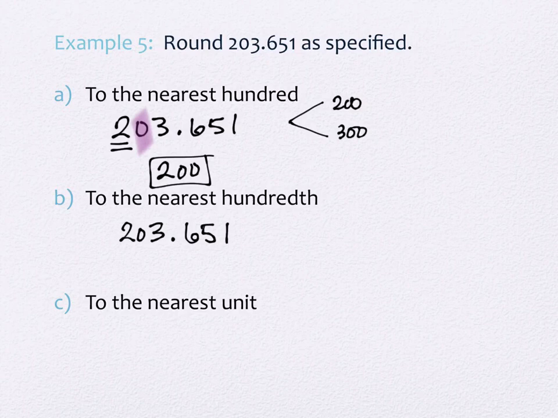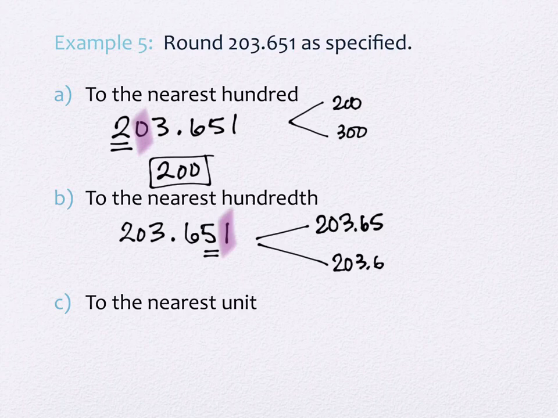Okay, for the next one, it says hundredths. What number is in the hundredths place? The 5. And we're going to be looking at the 1. So again, what that means is my two options are to either go to 203.65, that's rounding down or rounding off, or I'm going up to 203.66 because the 5 would go up to a 6.